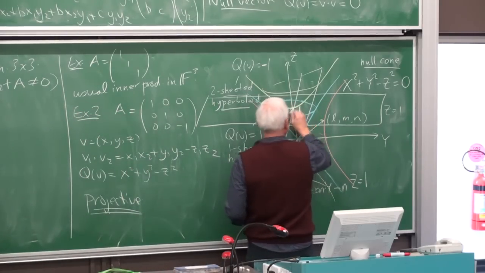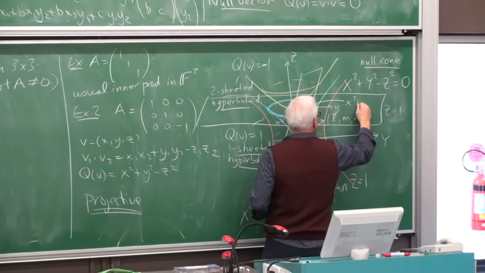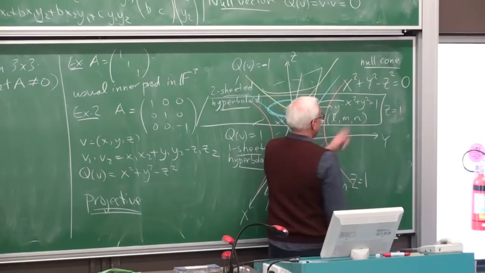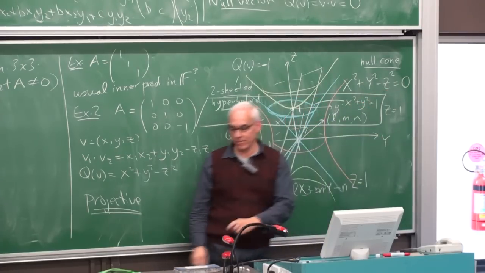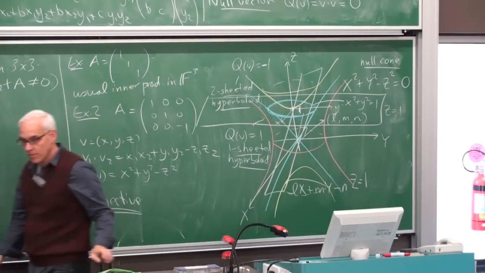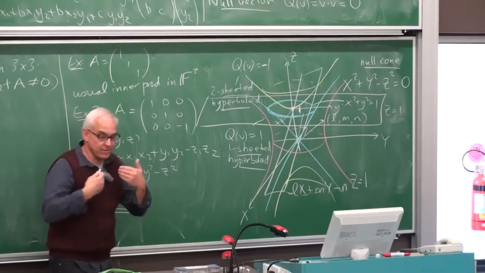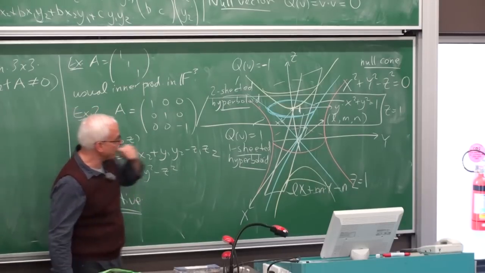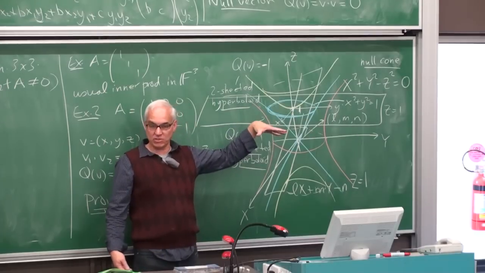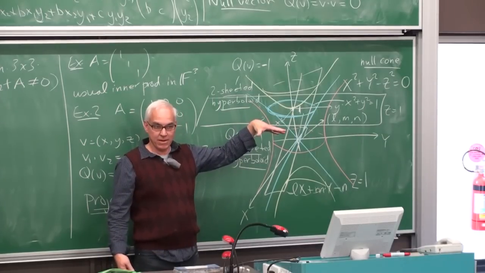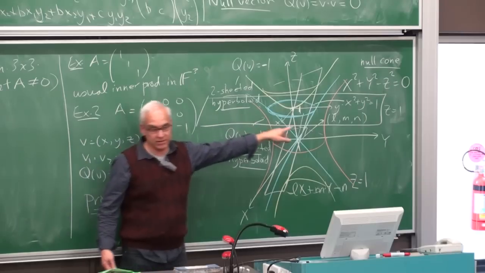So now in the little x, little y plane, this will be the circle x squared plus y squared equals 1. It's what you get when you set capital Z equal to 1. And the perpendicularity that was happening in the big three-dimensional space gets represented here by the polarity with respect to this conic.